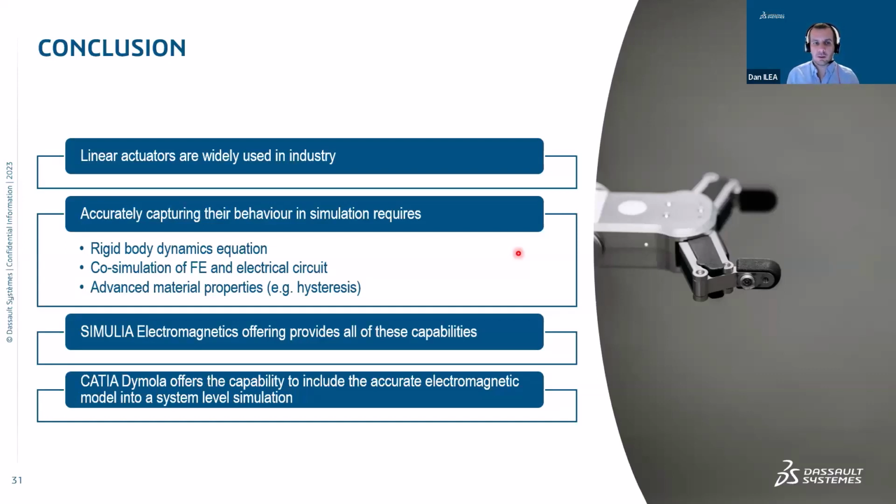And with our electromagnetic tools, SIMULIA Electromagnetic, CST, and Opera, we provide all of the capabilities needed to accurately capture and represent these types of actuators. And finally, we can also take it one step further and link all of that into system-level modeling using, for example, Dymola.